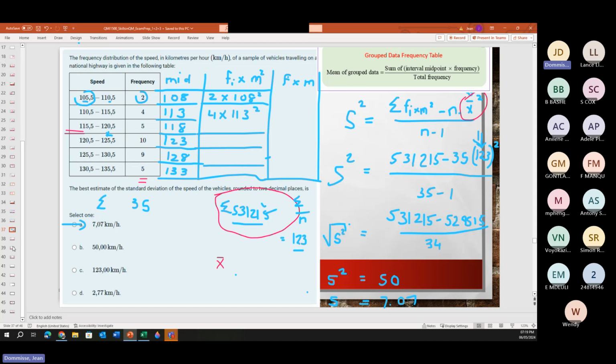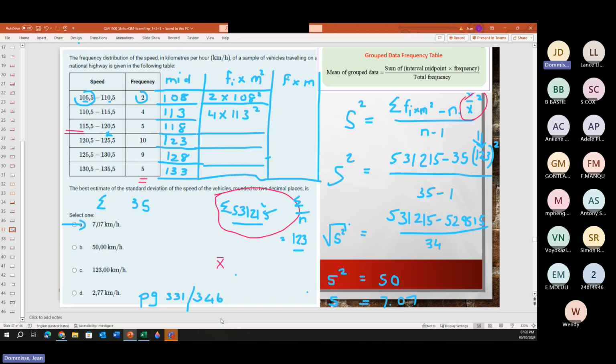Let's quickly, while we are looking at frequency tables, check that there isn't another one. So the mean is covered on page 331. I'm just going to say the pages that this is from: 331 to get to the mean. The standard deviation part is page 346.